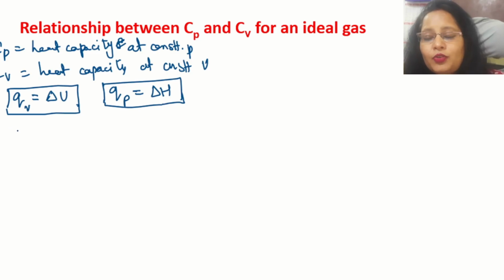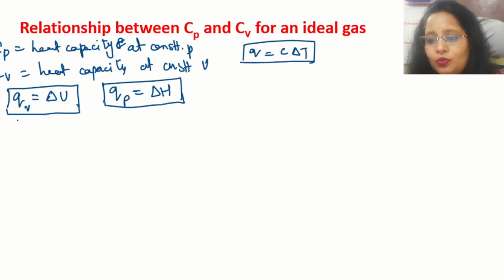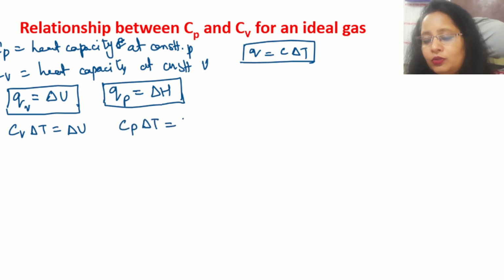So in place of Qv, we studied Q is equal to C delta T. Now apply this in place of Q. We can write Cv delta T is equal to delta U. Same here, Qp we can write Cp delta T is equal to delta H.